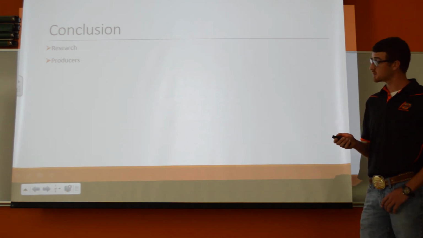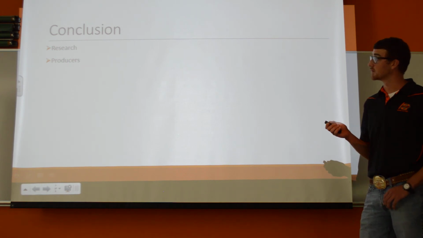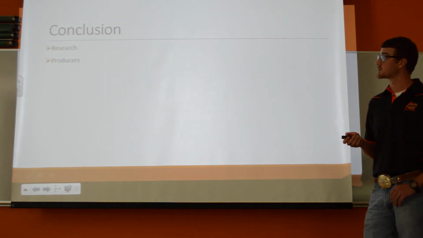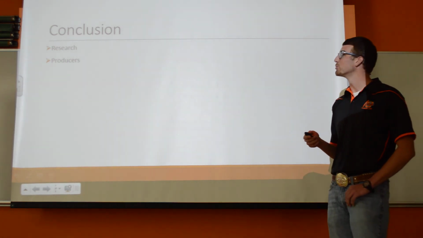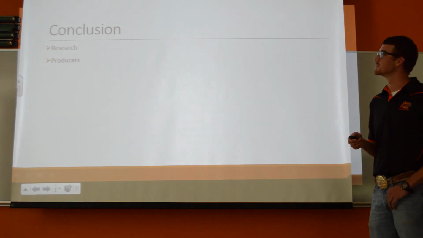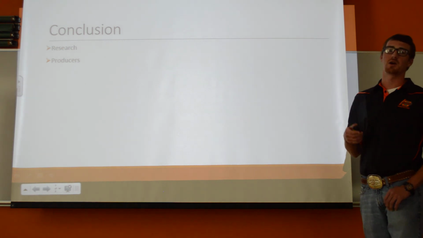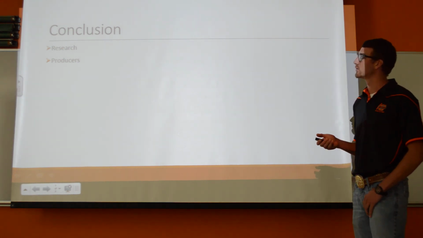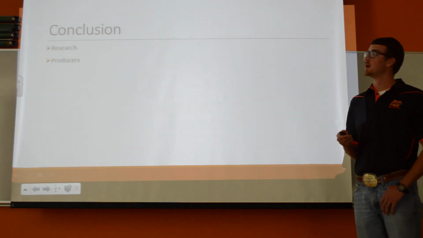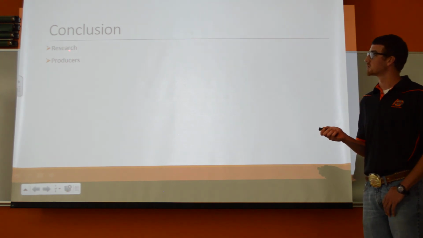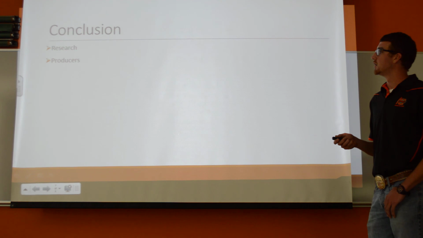Other tests, like the near-infrared test, can test for multiple antibiotic residues with just one test. They're also using microbiological tests to test for these antibiotic residues. There's just a lot of research going on, and scientists are really concerned with these residues.